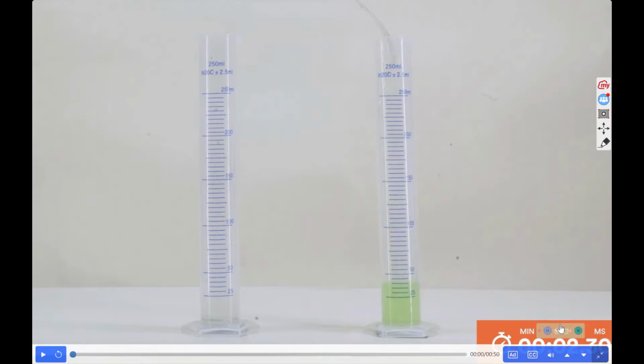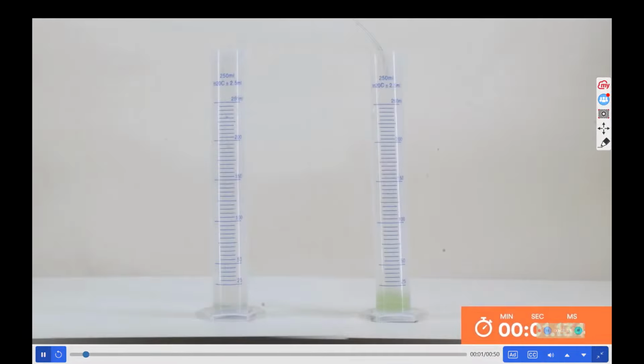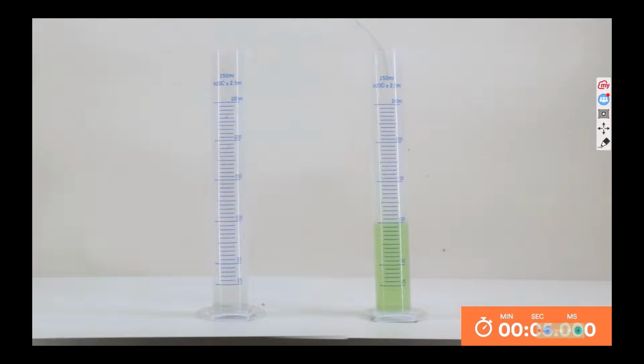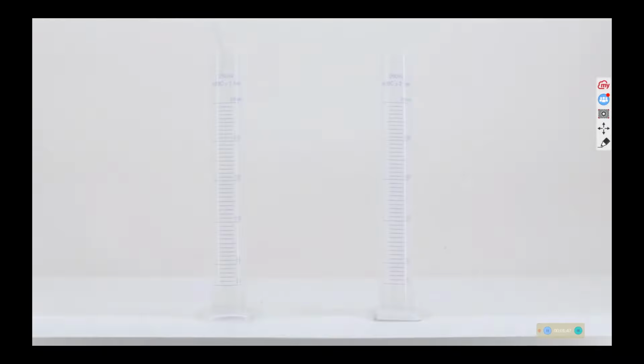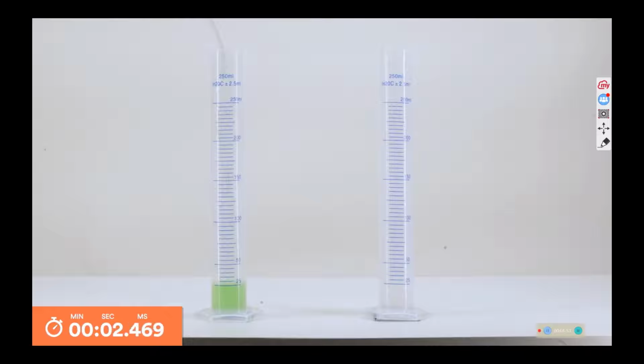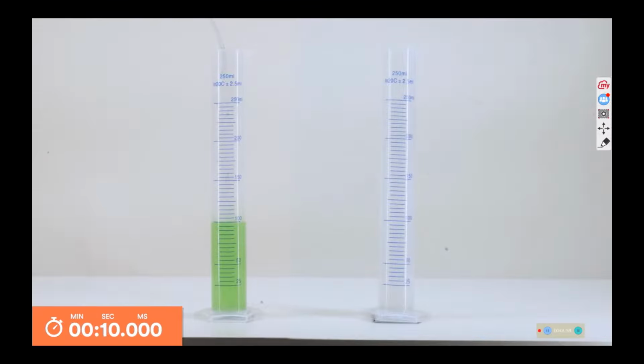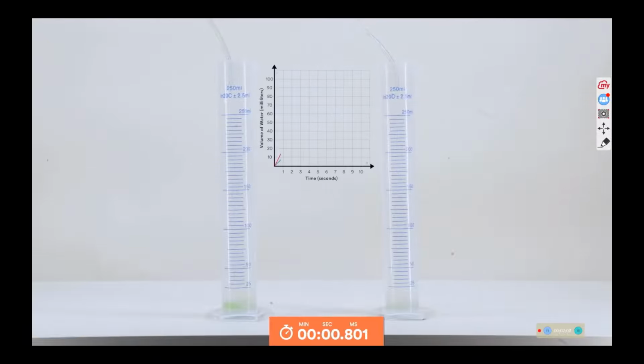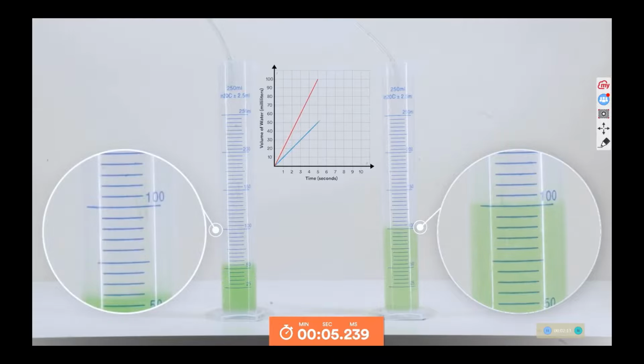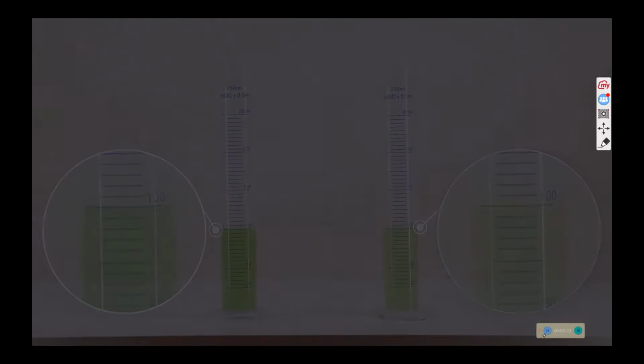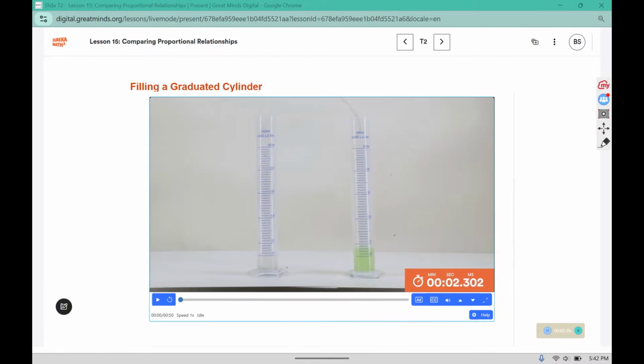In this video, we have two, they're called graduated cylinders. We'll refer to this one as cylinder A and this as cylinder B. So which of the two cylinders filled faster?